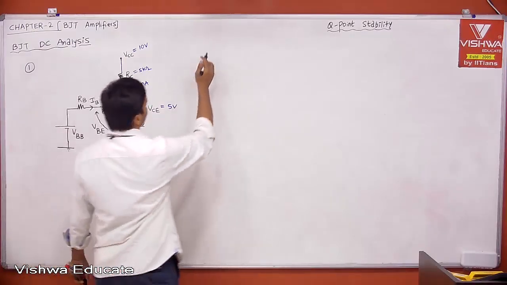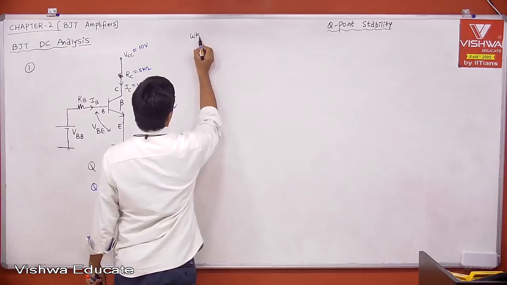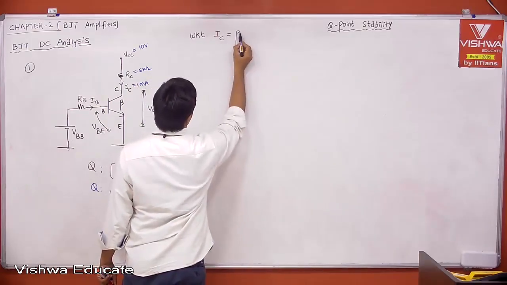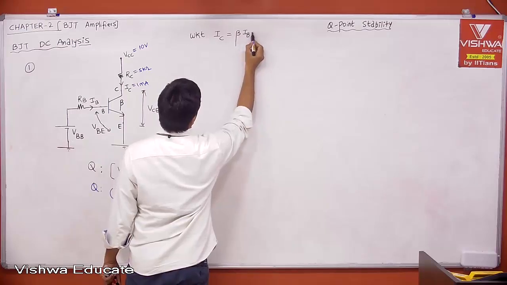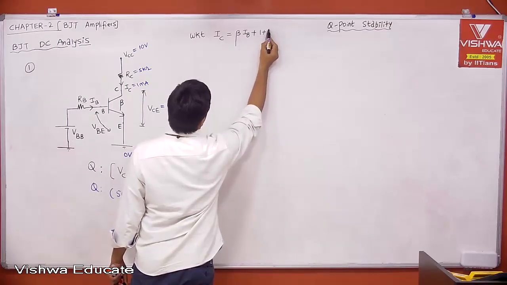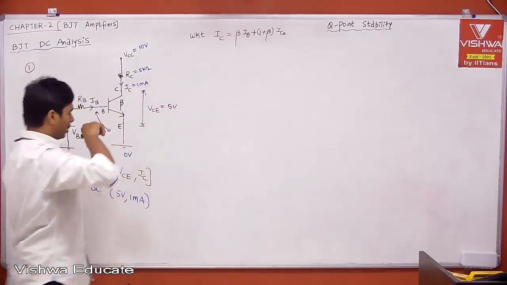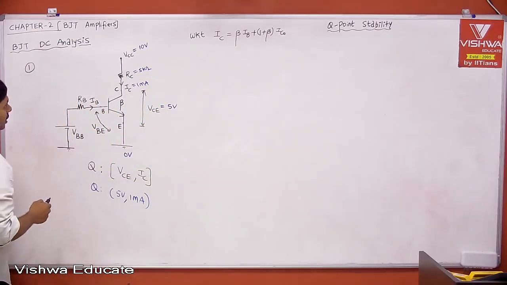Therefore, what is device equation? Your device equation, we know that IC is equal to beta into IB plus 1 plus beta into IC naught, right? Now, tell me what is your input KVL.